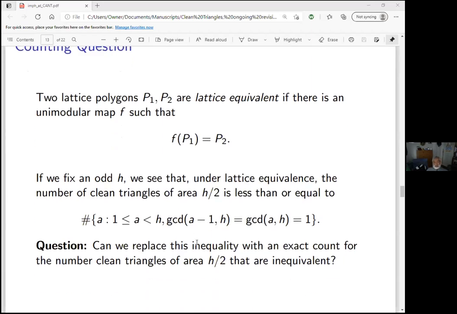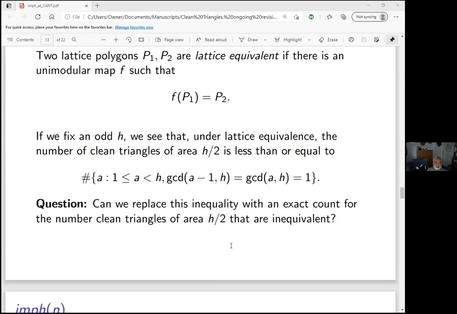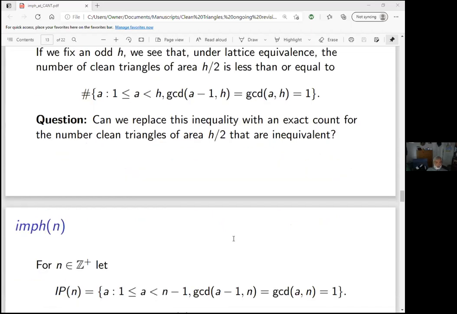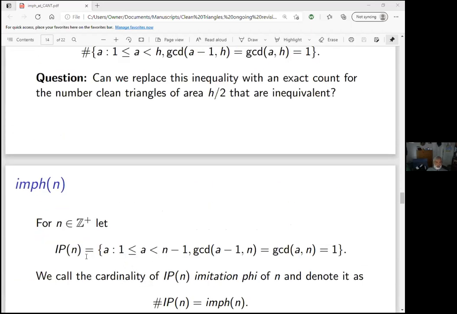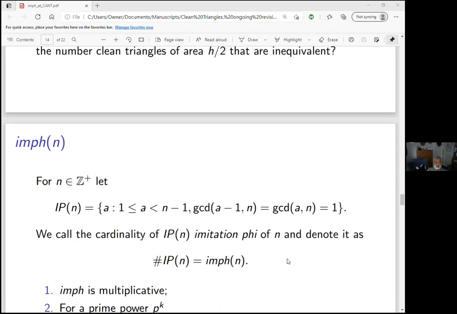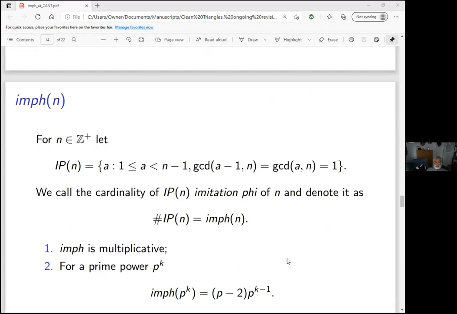So the question that we asked ourselves, okay, we have this inequality, we have this upper bound on the number of clean triangles. Can we get an exact count? Okay, so we have to set up some machinery. And so we call this set that we came up with IP of n, and we decided to call its cardinality the imitation phi of n, or imph.